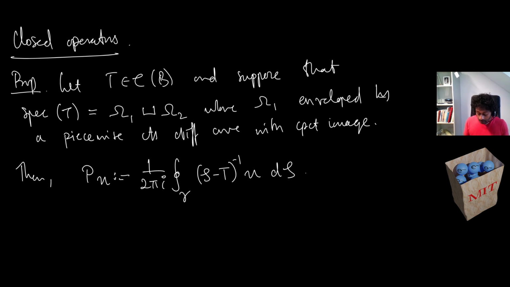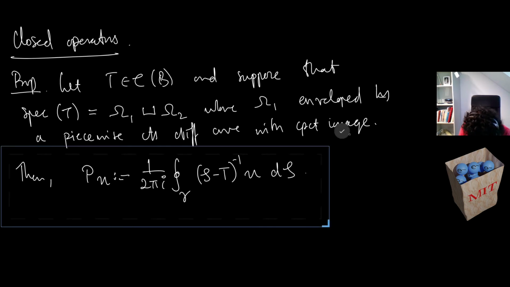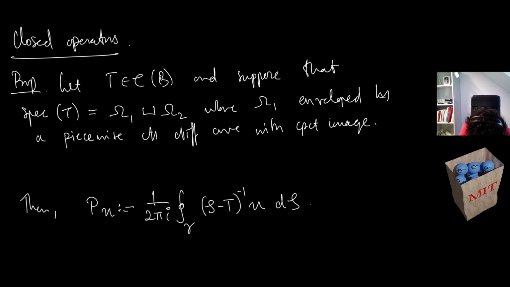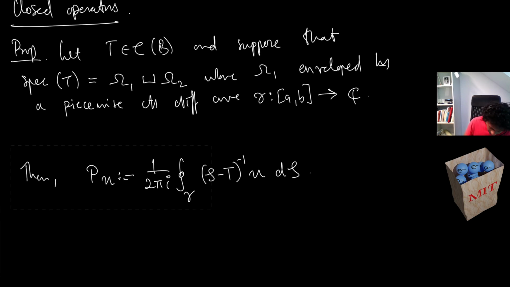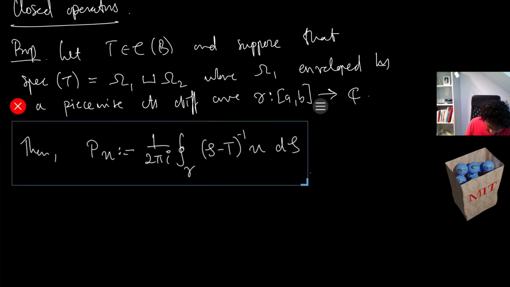But here we're just in the closed case, so let me point that out: this is really gamma from a to b into C. Okay, so this fixes the problem for what we want to say right now.